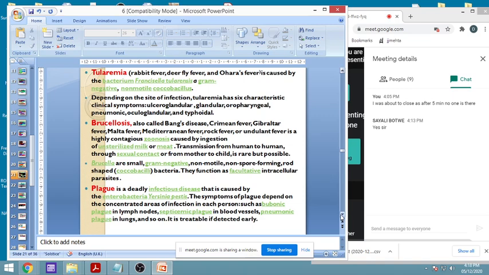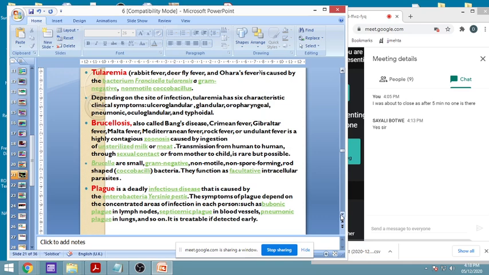Then brucellosis is also called Bang's disease, Crimean fever, Gibraltar fever, Malta fever, Mediterranean fever, rock fever, or undulant fever. It is highly contagious. It is a zoonosis, caused by ingestion of unsterilized milk or meat, or particularly if somebody remains in close contact with various pet animals, from which it can be transmitted.